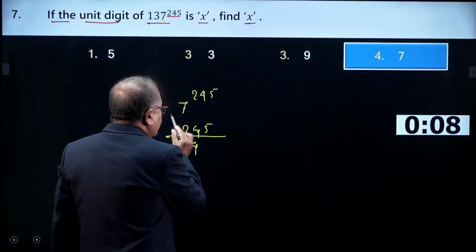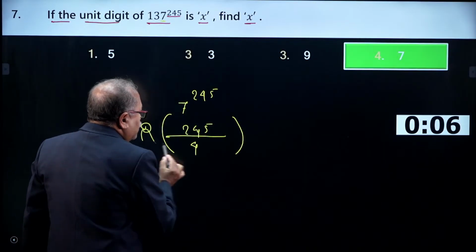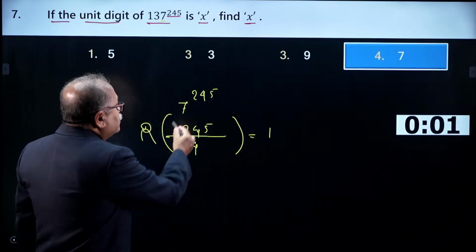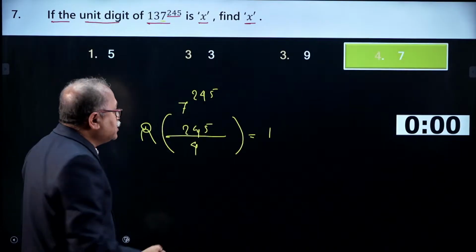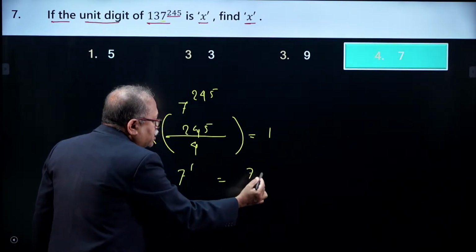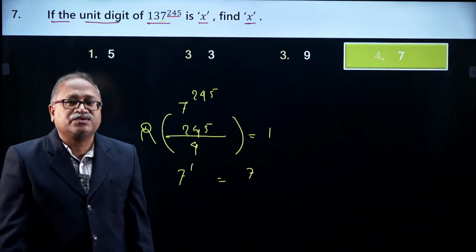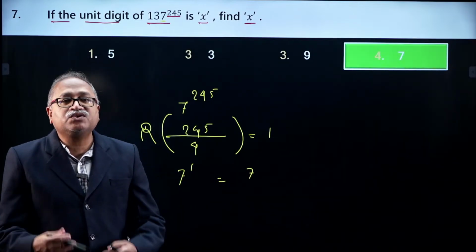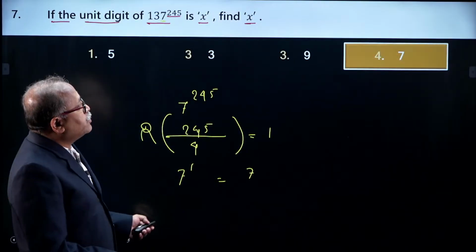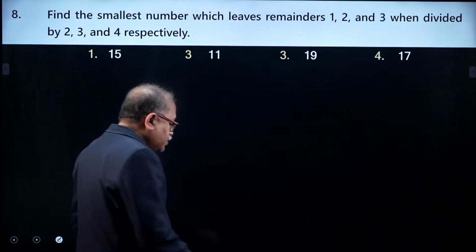So, what will be the remainder of this? The remainder, I notice, is 1. So, 7 to the power 245 is the same as 7 to the power 1, which is nothing but 7. You nicely answered the question in very limited time. That means you understand the concept. That's good, my dear friend. I am moving on to the next question, and the next question is this.